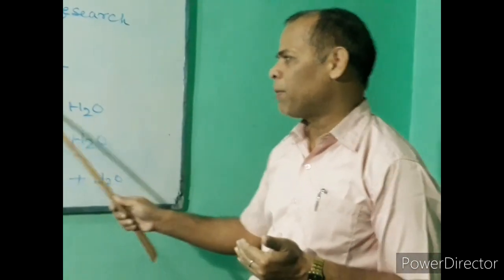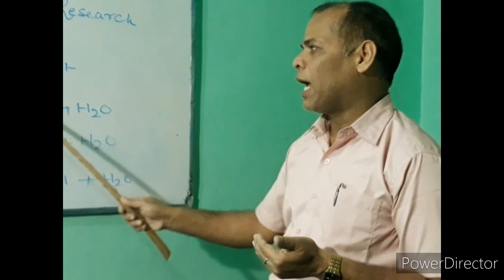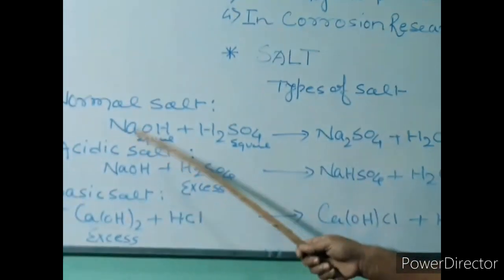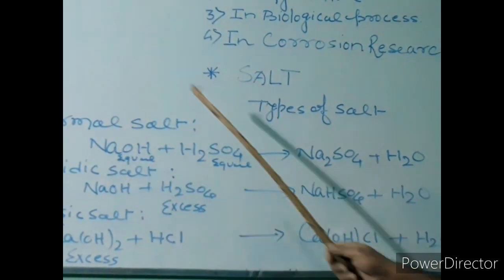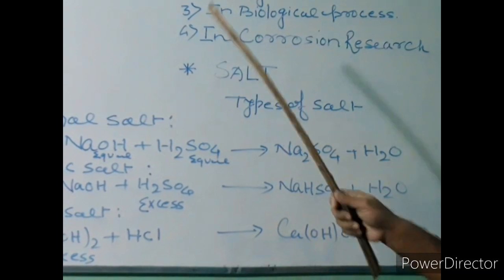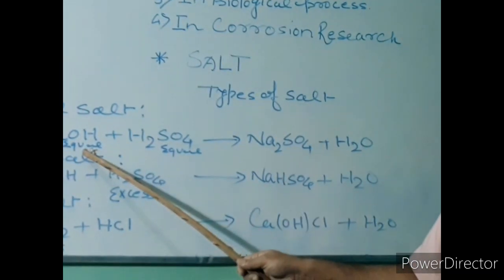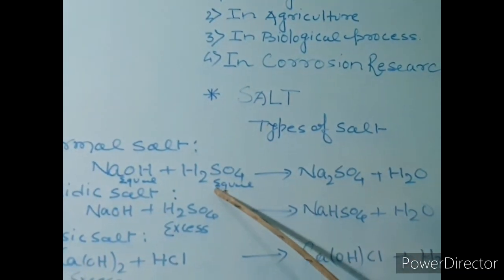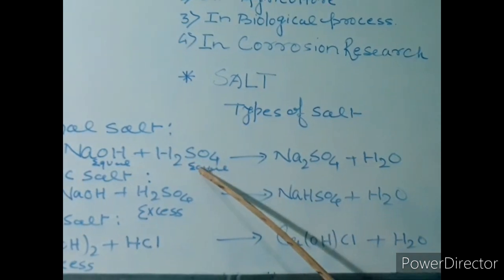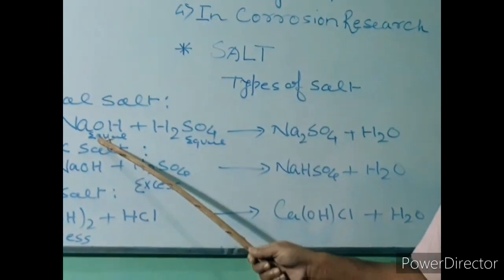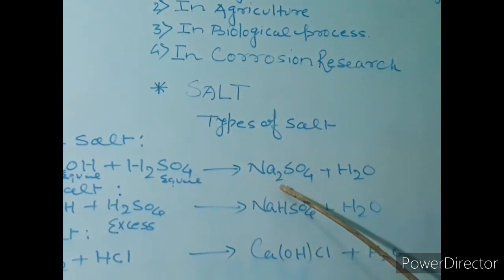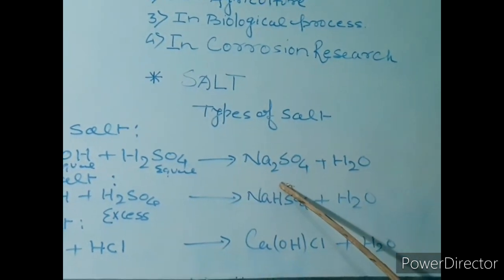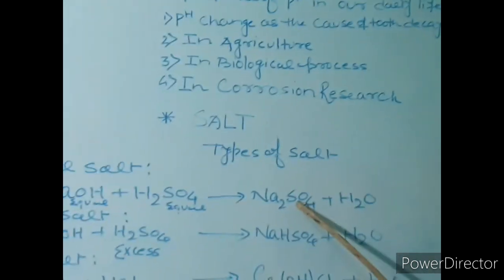One example of a normal salt is Na2SO4. Here we take equal concentration and equal volume of sodium hydroxide and sulfuric acid. Then the resulting compound so formed is called normal salt.